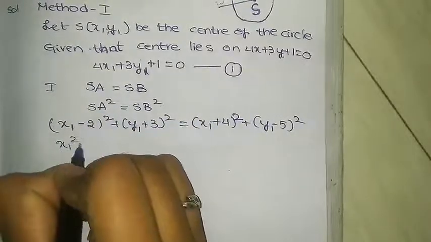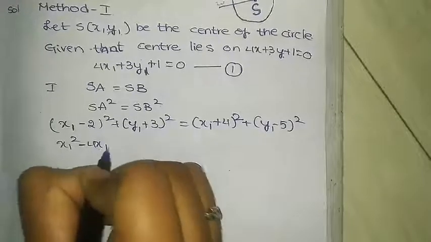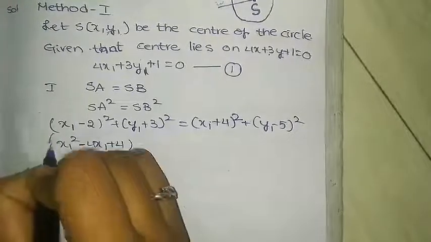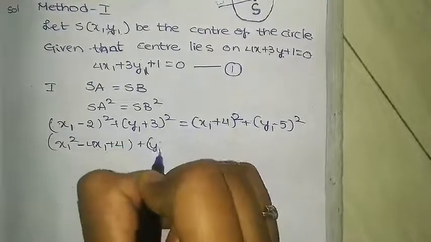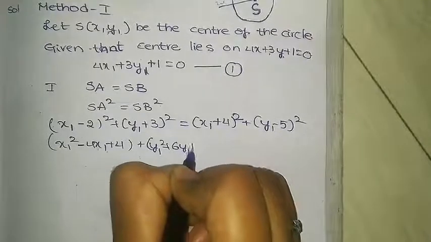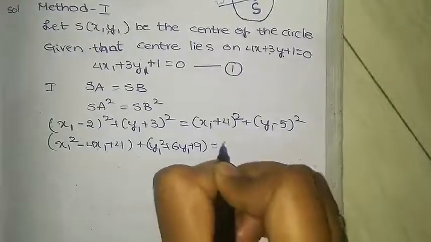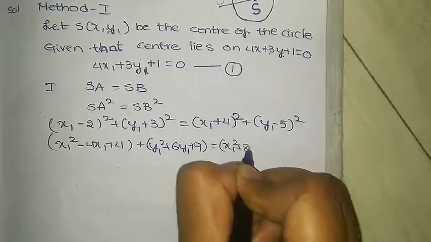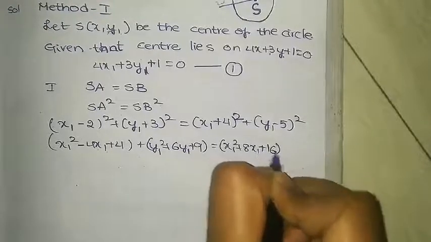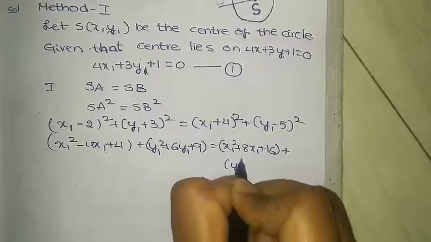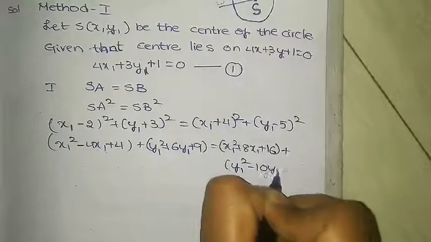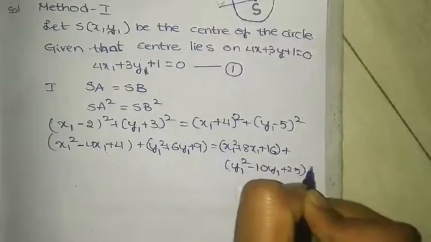Now x1 square minus 4x1 plus 4 plus y1 square plus 6y1 plus 9 is equal to x1 square plus 8x1 plus 16 plus y1 square plus 10y1 plus 25.